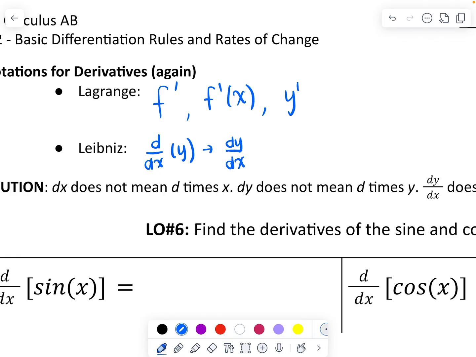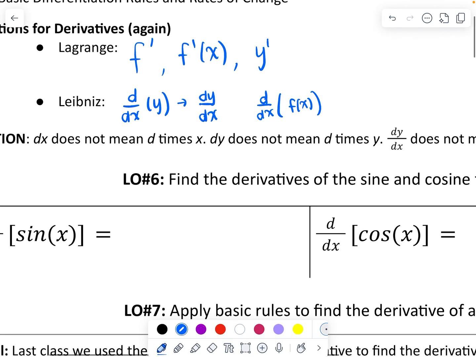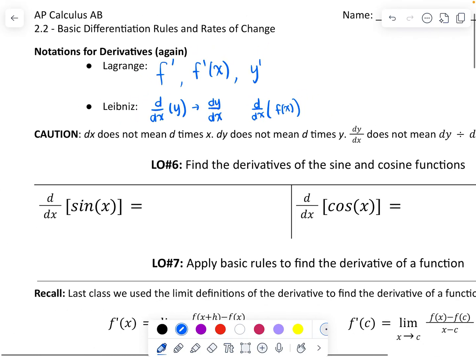These mean the same thing. It means the derivative of y with respect to x. You could also do the derivative of f of x with respect to x. All of these are just notations that mean the derivative.